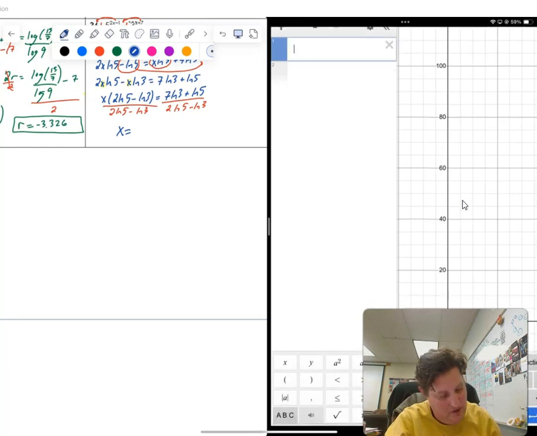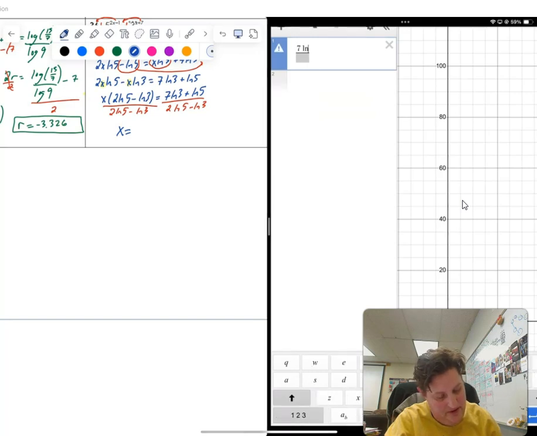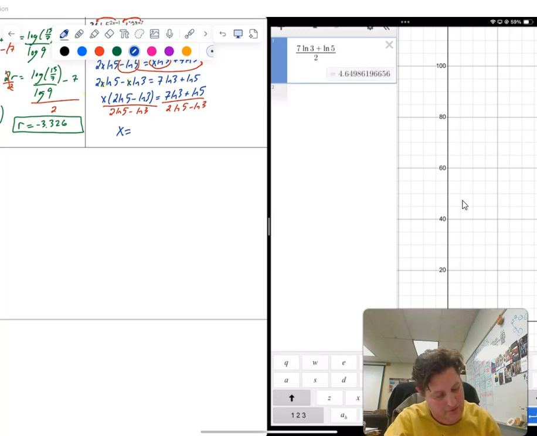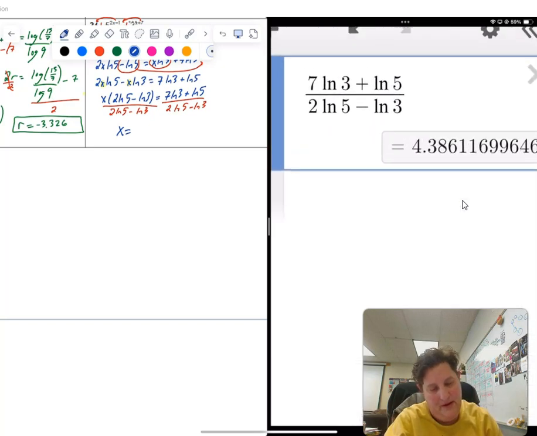All right, so I'm going to put a big fraction, divide by thing, and I'm going to go 7 ln 3 plus ln 5 over 2 ln 5 minus ln 3. Okay.